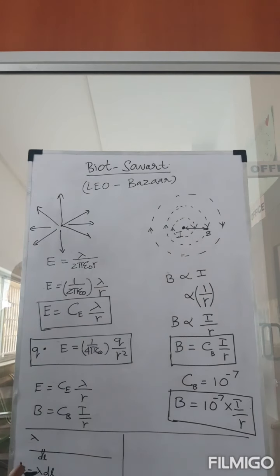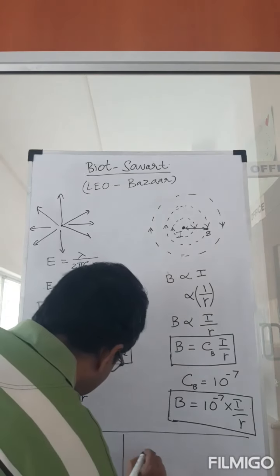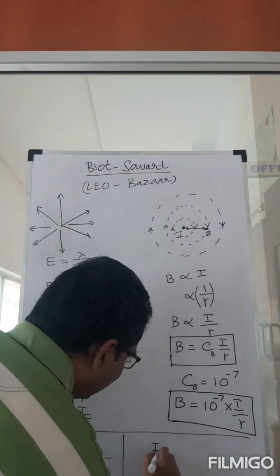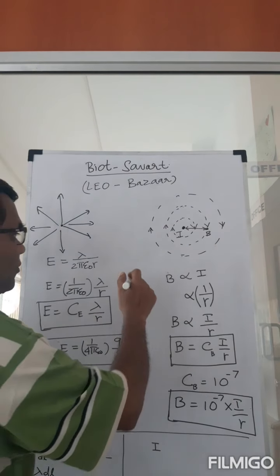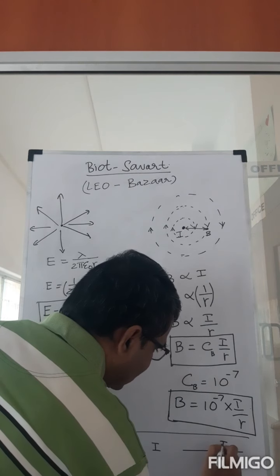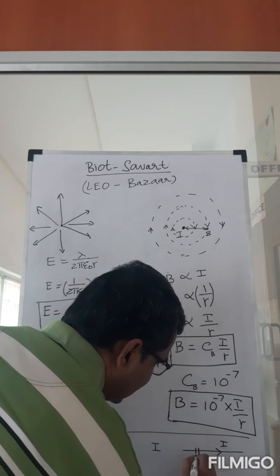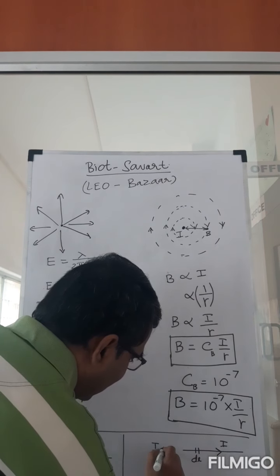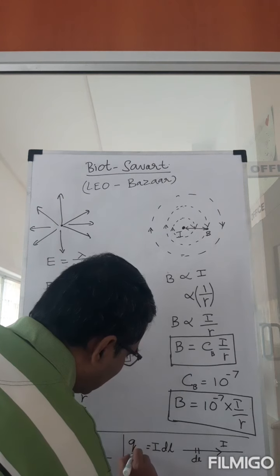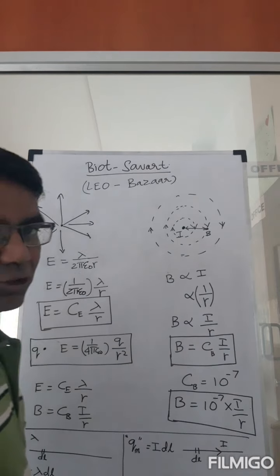Likewise, if there is a magnetic charge, let us suppose, I is the current flowing through this wire, and if I take a small length dl of that conductor wire, then I dl must be equal to what I would call a magnetic charge.